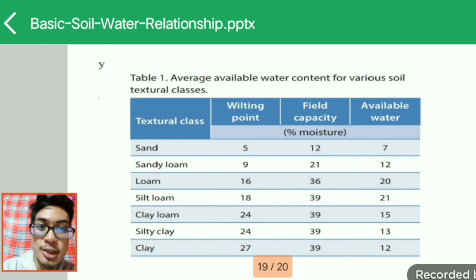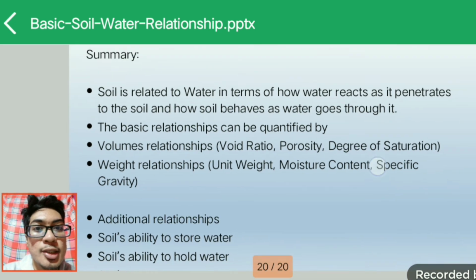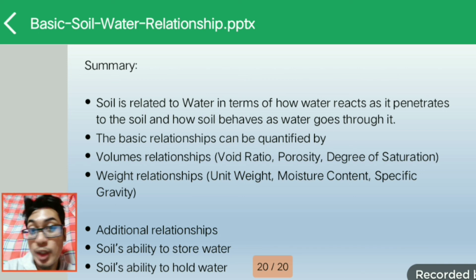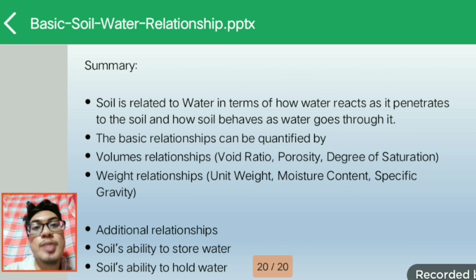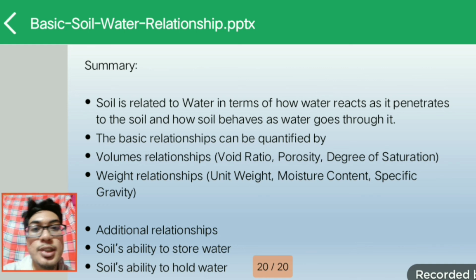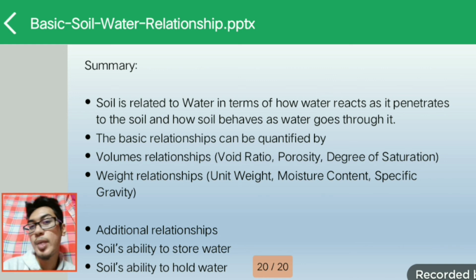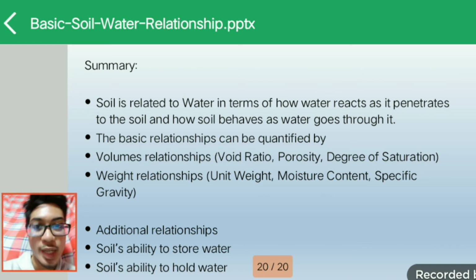As a summary, soil is related to water in terms of how water reacts as it penetrates. The basic relationships of soil and water can be quantified by volume relationships: void ratio, porosity, and degree of saturation.